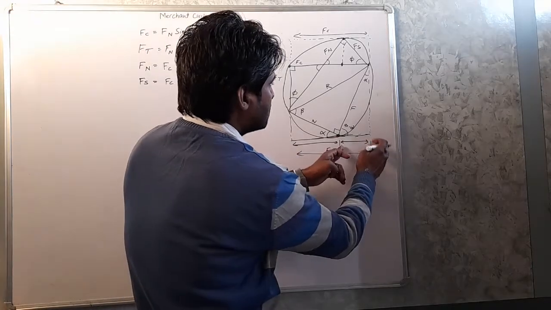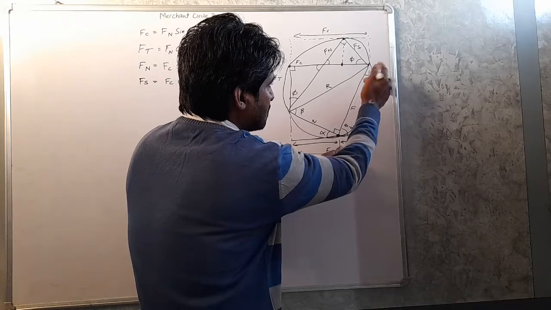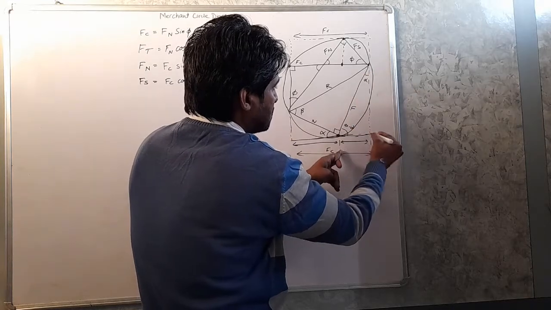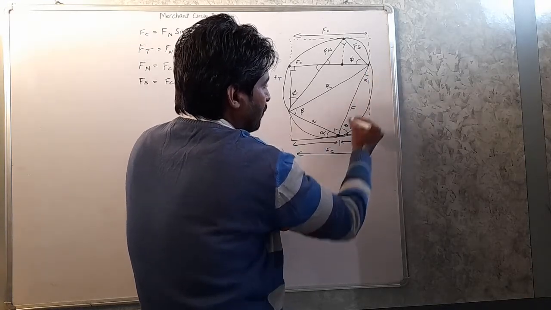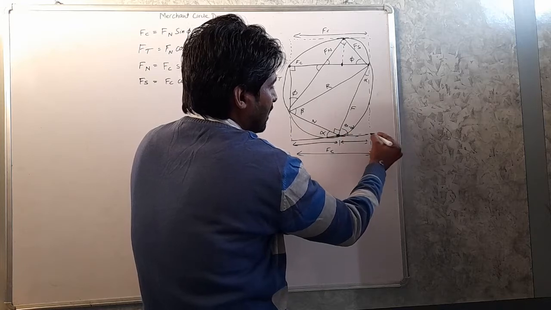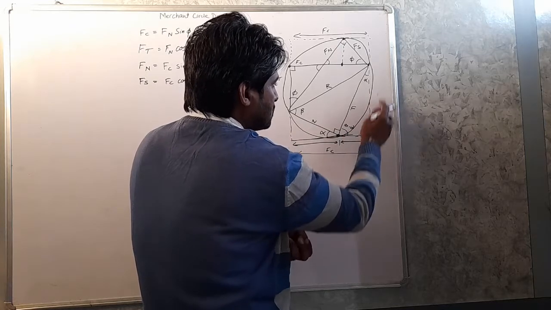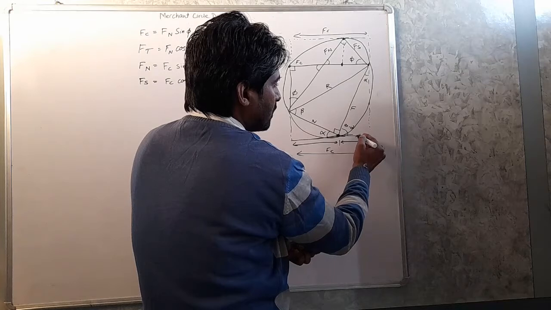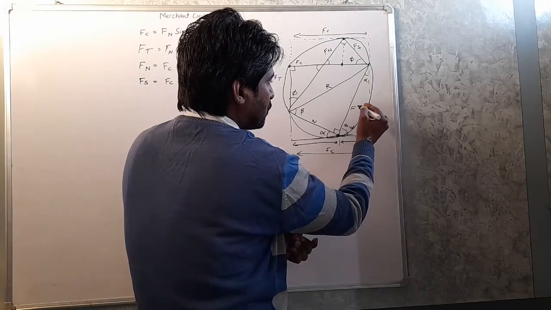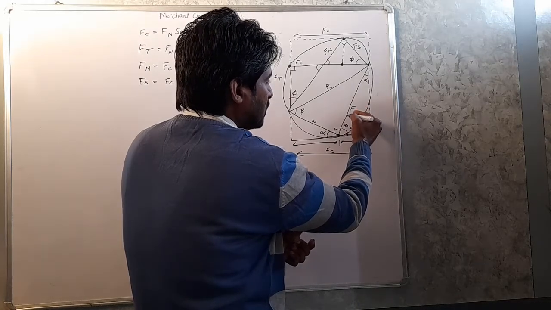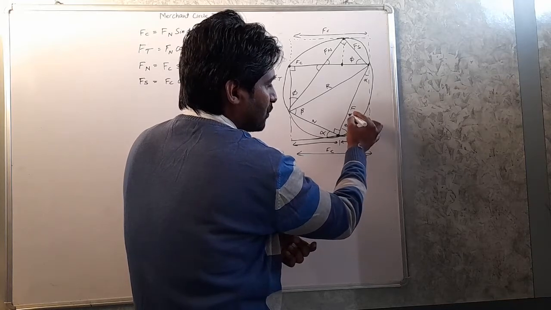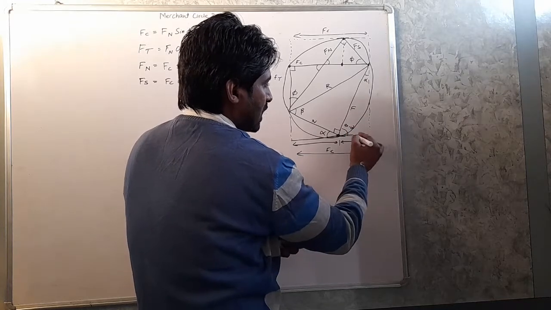So this length is F. Consider this triangle, this one, this and this: F sin alpha, because this is perpendicular and this is hypotenuse, so this will give the value F sin alpha.